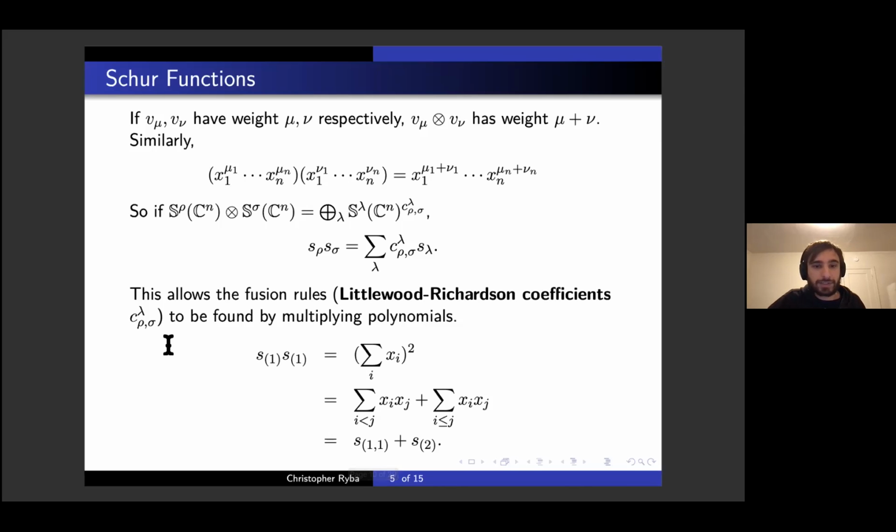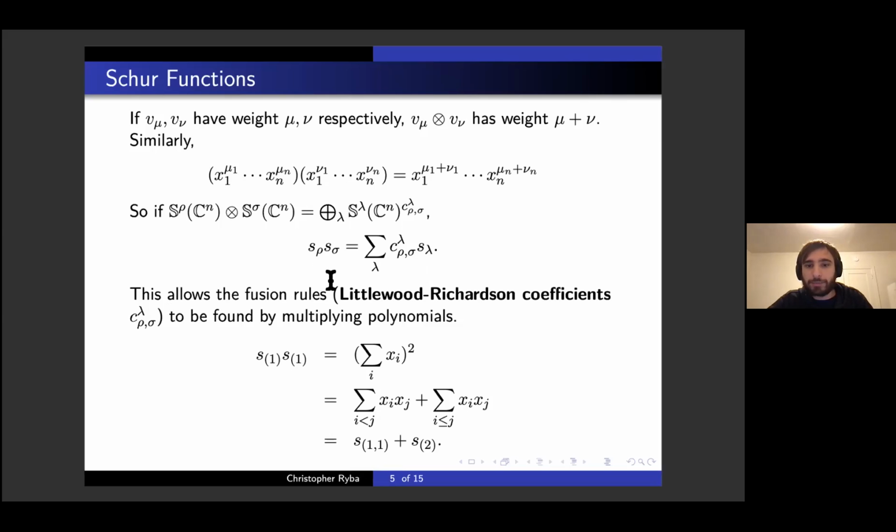So these structure constants, which I can compute using just a bit of algebra, I write down what the Schur function is, and I multiply them, and I express it in terms of more Schur functions, something that's pretty accessible algebraically. So these Littlewood-Richardson coefficients are pretty well understood.